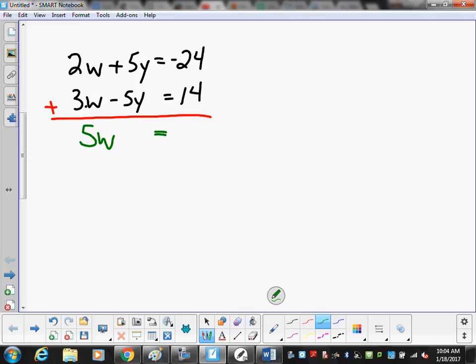Negative 24 plus 14 is a negative 10. So once you have eliminated a variable, it's usually a pretty easy step at that point. So w equals negative 2. And I got that because I divided both sides by 5.